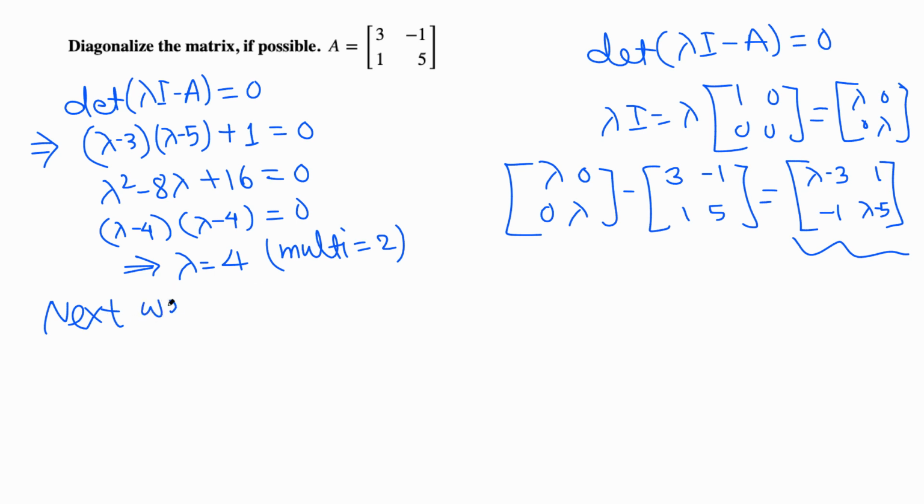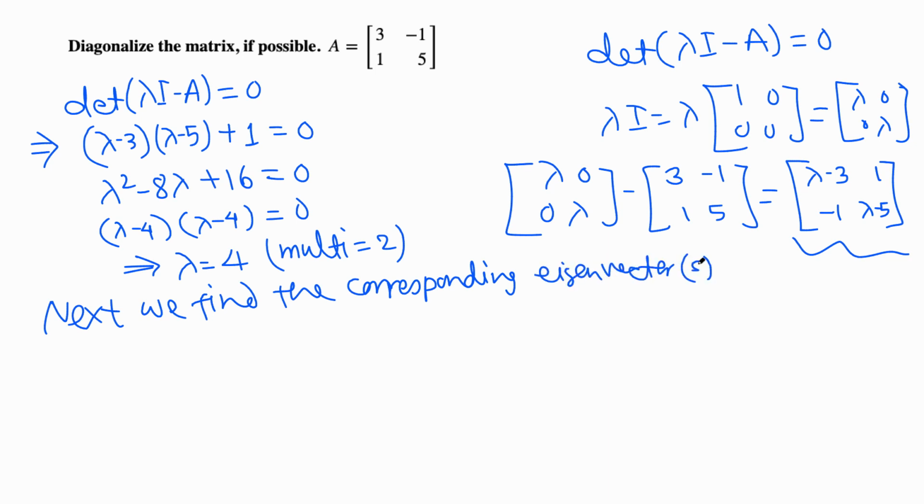Next we find the corresponding eigenvectors, maybe 1 or 2. If we get two eigenvectors, then this will be diagonalizable.